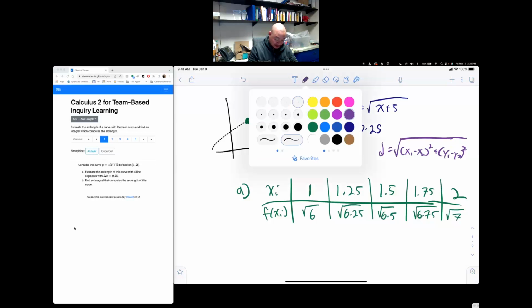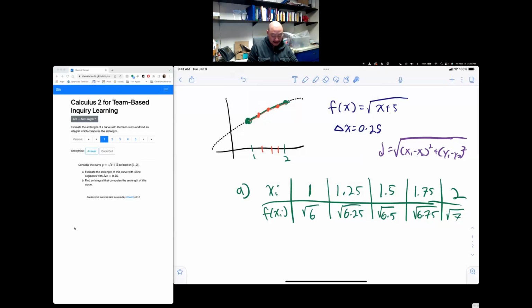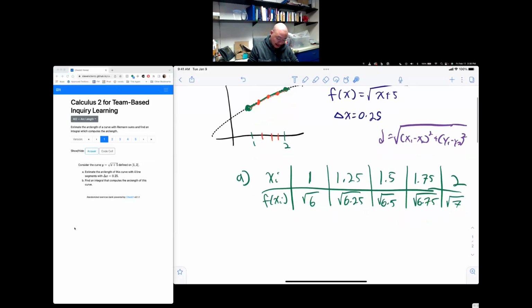So to find the distance between my first 2 points, between 1, square root 6 and 1.25, square root 6.25, I can compute that by taking the difference in my x values, 0.25 squared, plus the square of the difference of my y values, which is root 6.25 minus root 6.